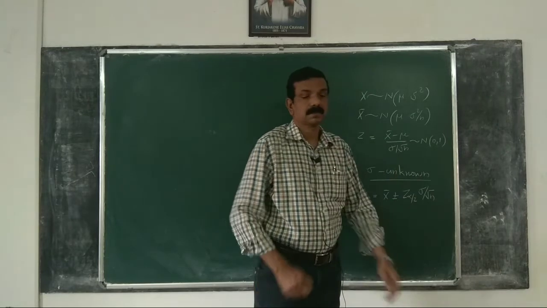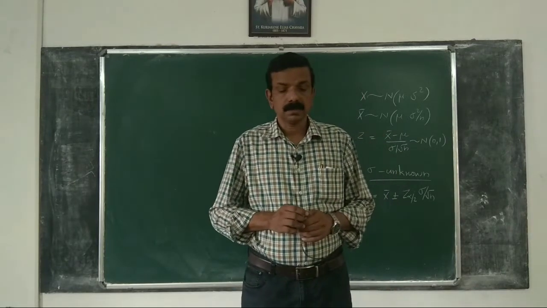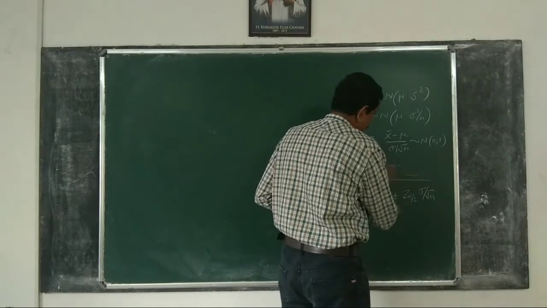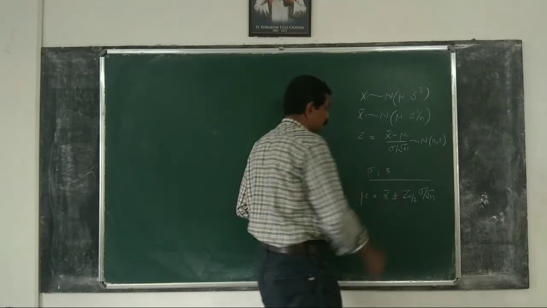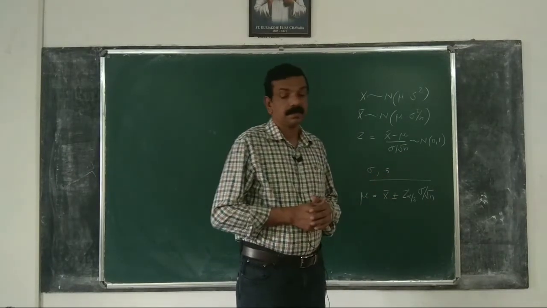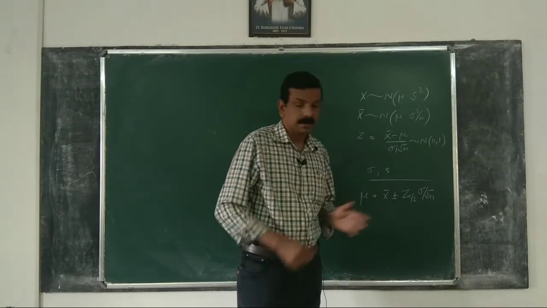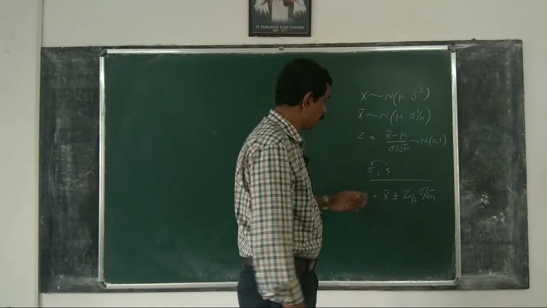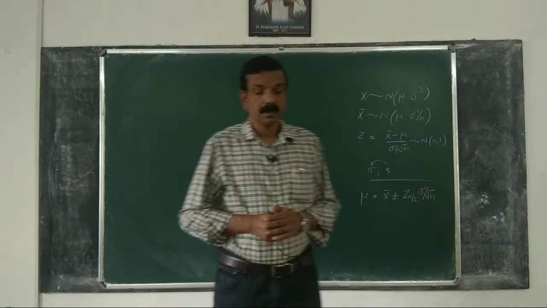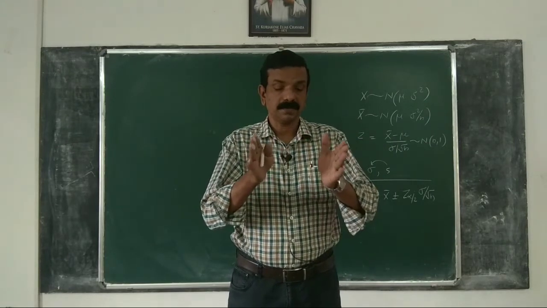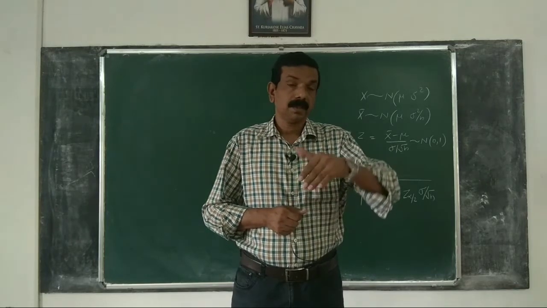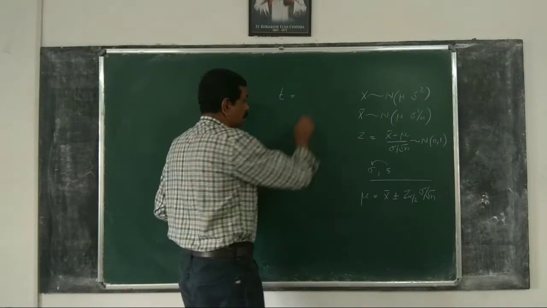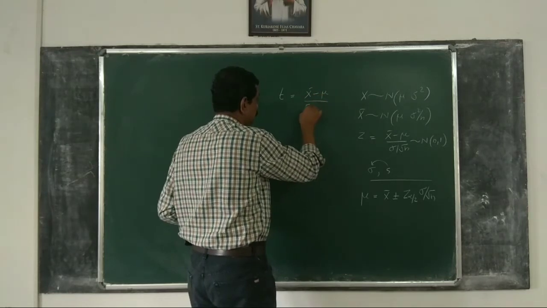construct confidence intervals. The best we can do is estimate the population standard deviation sigma by its sample counterpart S. Estimate the population standard deviation sigma by the sample standard deviation S and replace sigma with S, and conduct the confidence interval procedure based on the resulting variable, namely T is equal to x bar minus mu by S by root n.